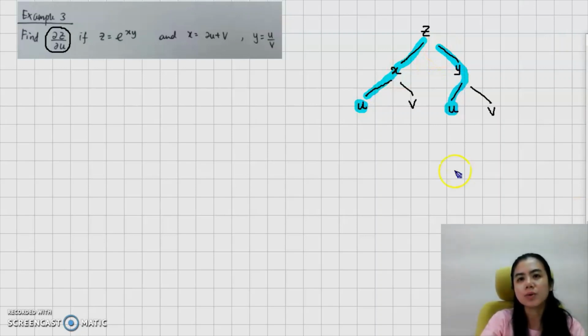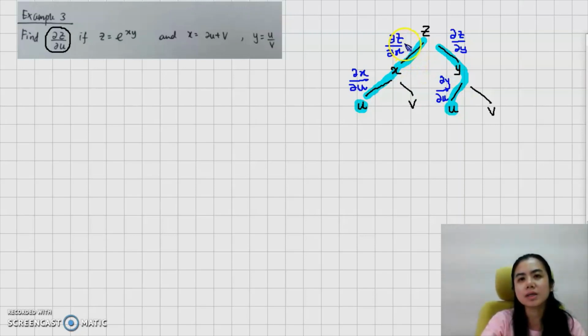We don't have to find the v, so we just find whatever is involved with u. Along the line we will have ∂z/∂x and ∂x/∂u. How about this? This is ∂z/∂y and ∂y/∂u.